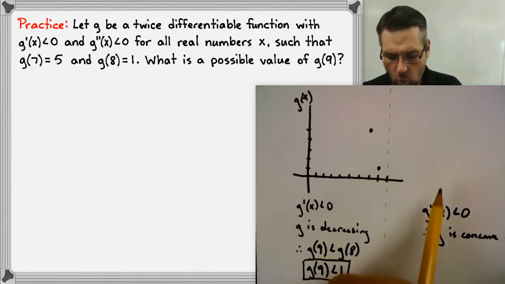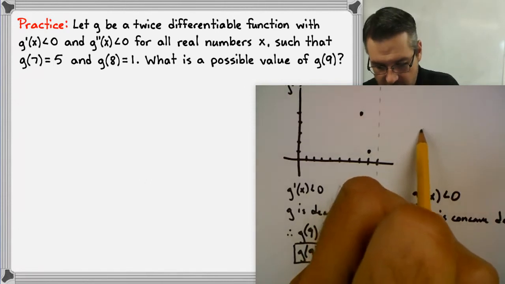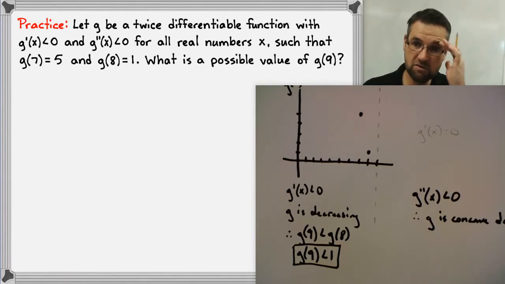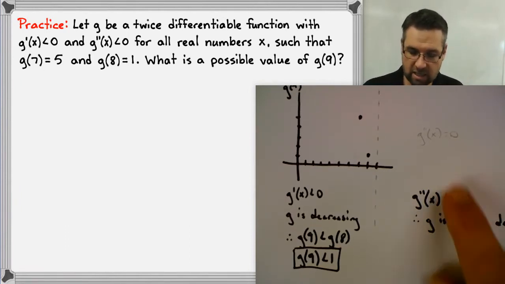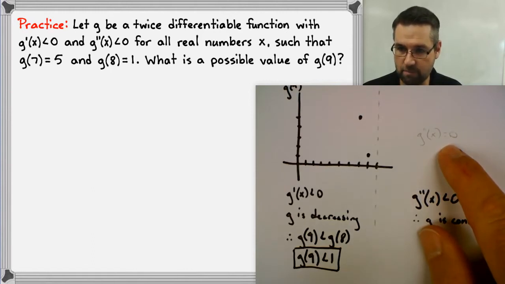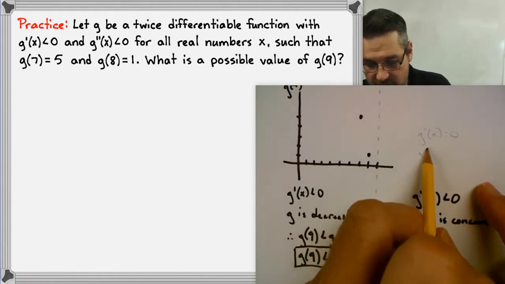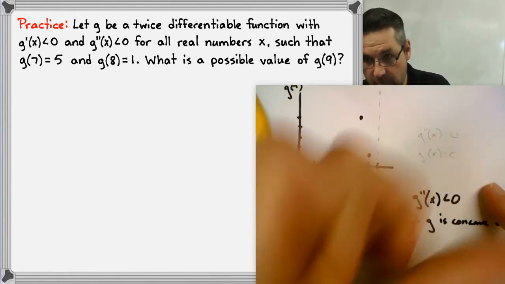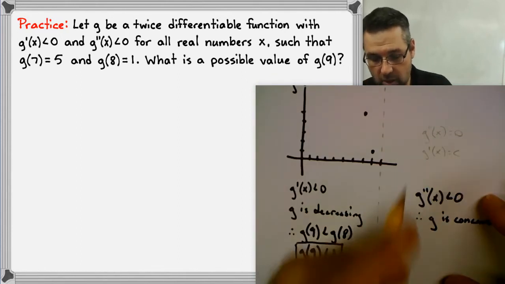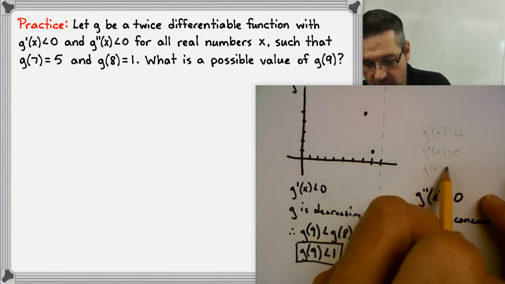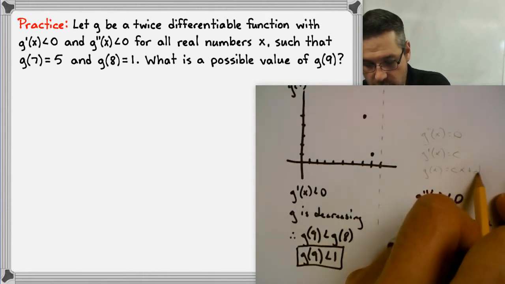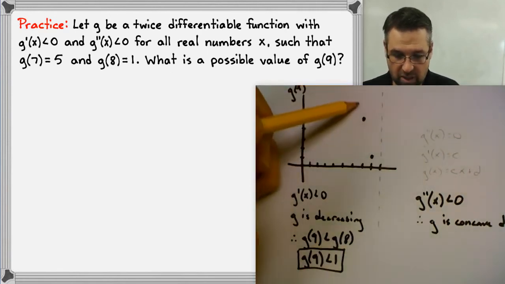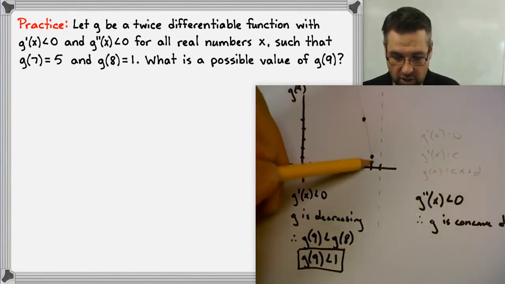What if G double prime of x, just hypothetically, was equal to 0 throughout the entire function? Essentially that means there's no concavity. If you were to take the antiderivative of this, we would end up with some constant value for G prime, which would imply that G of x is going to be a linear function, if that makes sense. So we're taking the antiderivatives there. So if G double prime is 0, that means G is going to be some sort of linear function here.